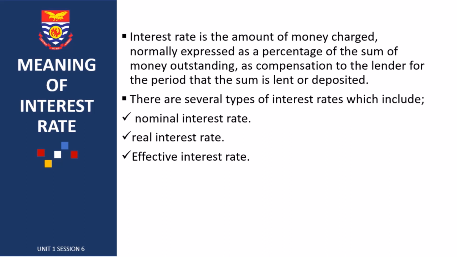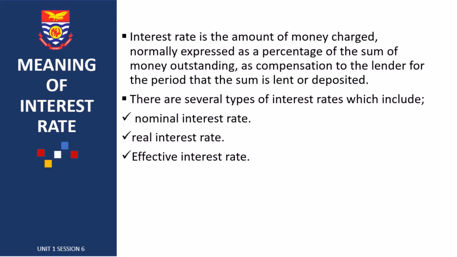For instance, you have 100 Ghana cedis and you want to lend it out to a friend for a period of, say, a month. The interest rate here is any extra amount you charge on the 100 cedis because your friend will want to keep the 100 cedis for a month.